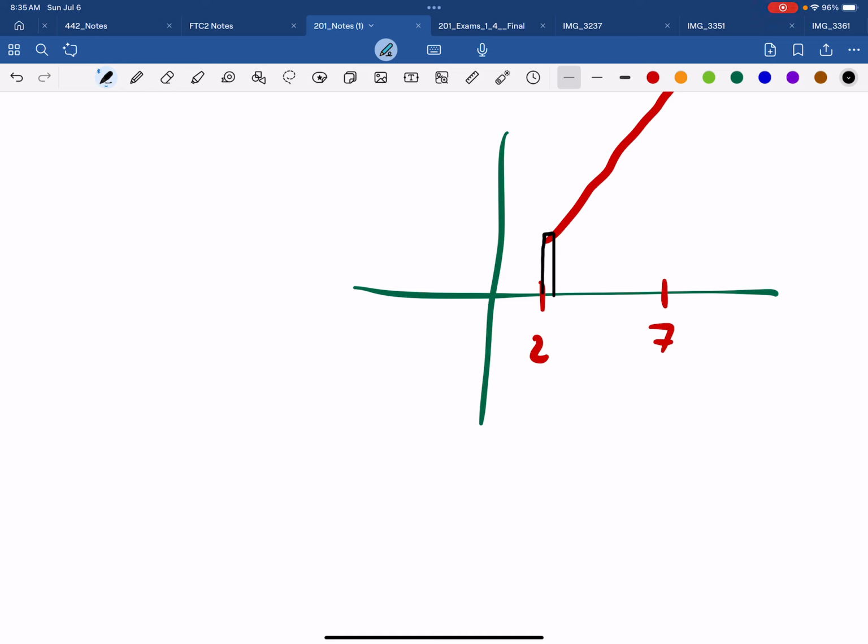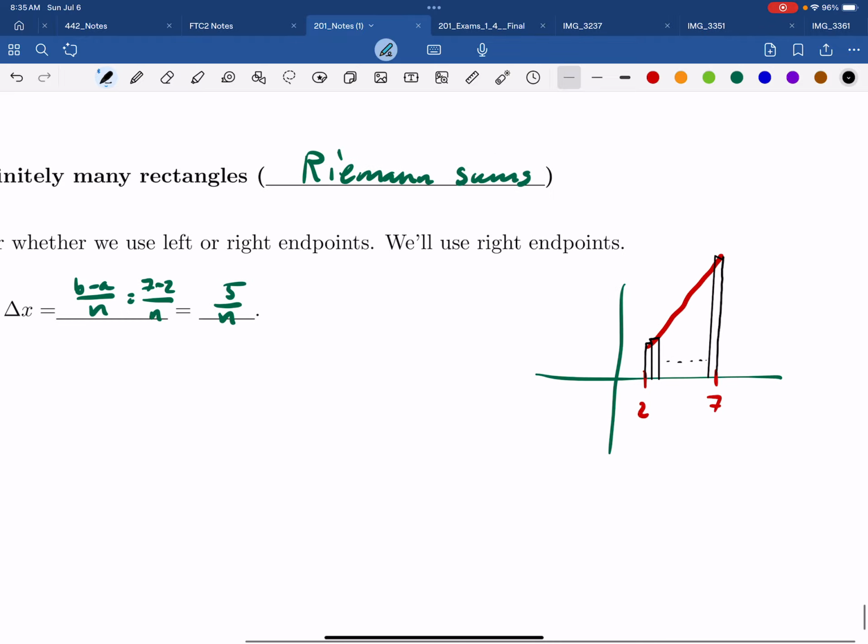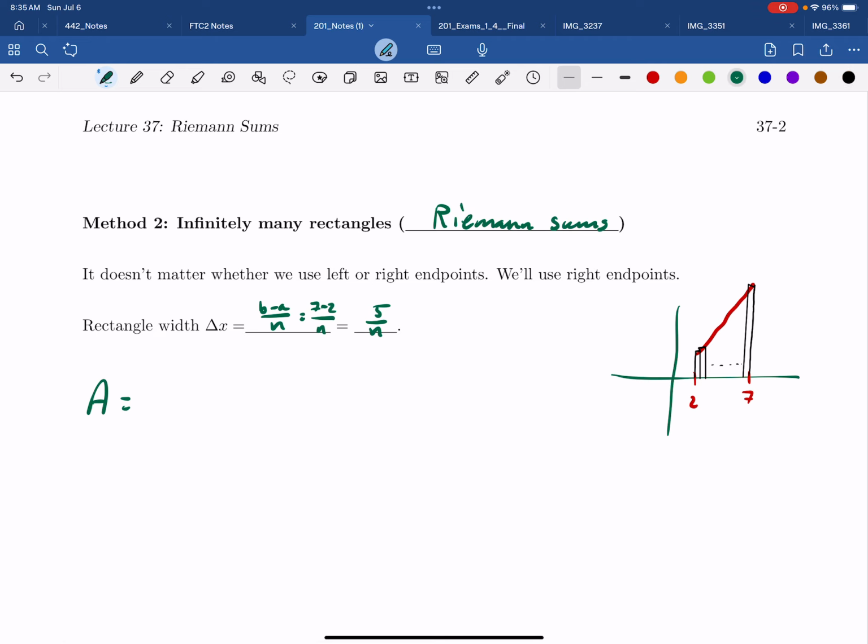Then we would find the height of the second rectangle with the same width, and we would just keep doing this, and then we would eventually find the height of that last rectangle, and pretend that they all have the same width. So that's what we're doing.